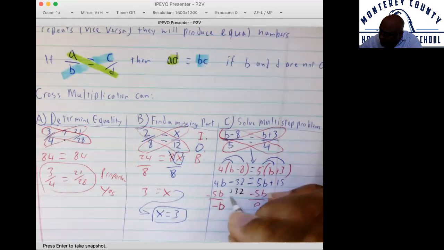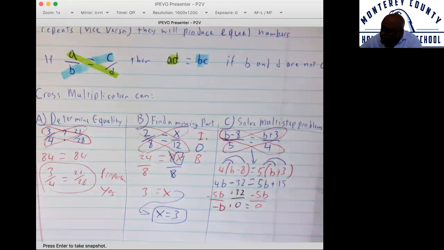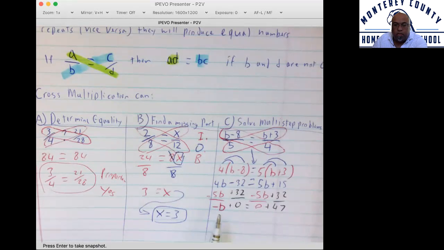Remember, that's a minus 32, so that becomes 0. And I'm going to add 32 to this side. So 5, 6, 7, 3, and 4. So I now have negative b minus 0 is equal to 0 plus 47.